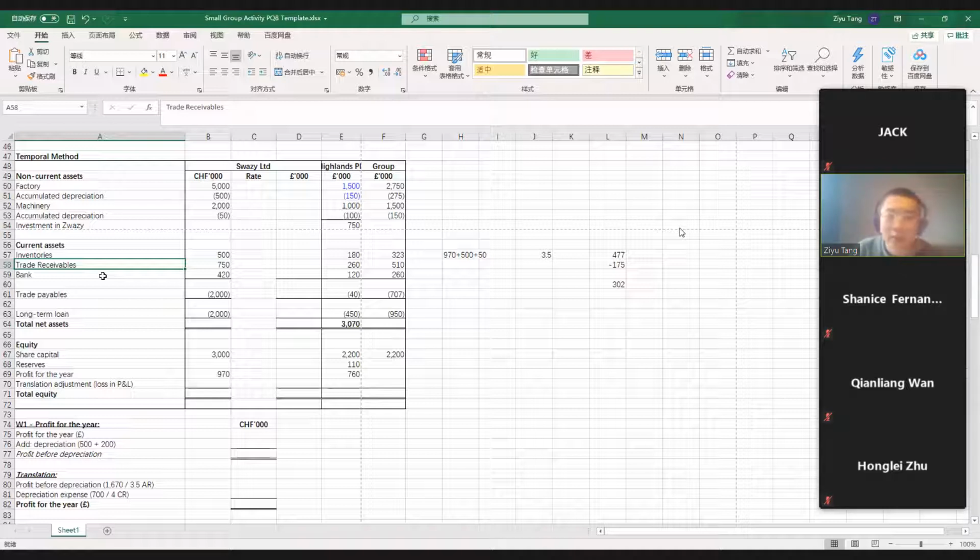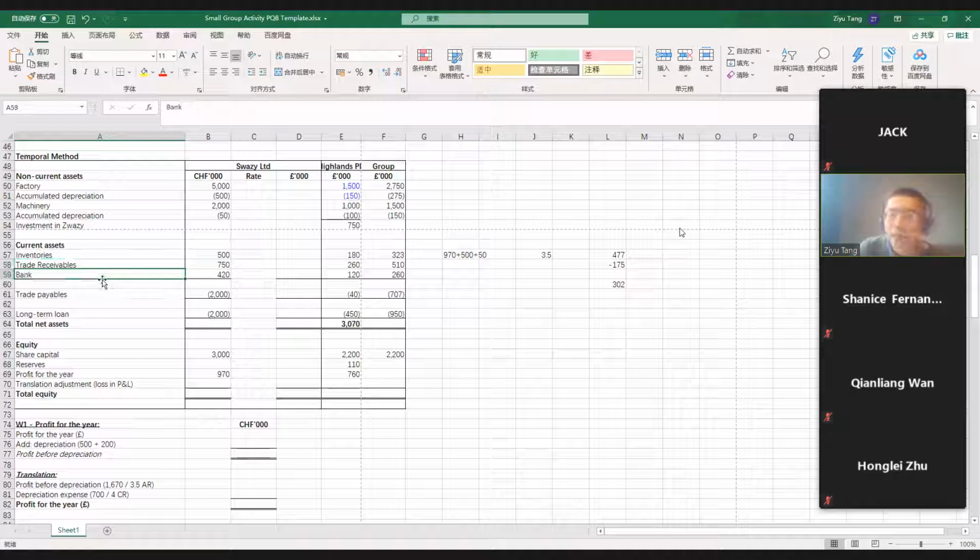So the trade receivable is regarded as a monetary asset, because receivables and payables usually have the same liquidity and same form. So the payable is also regarded as monetary.